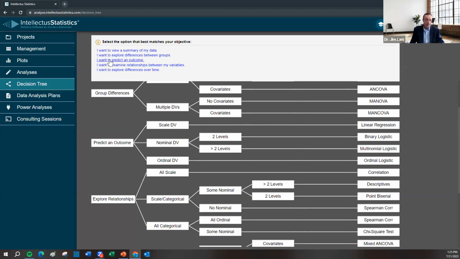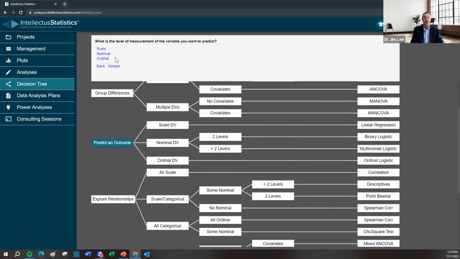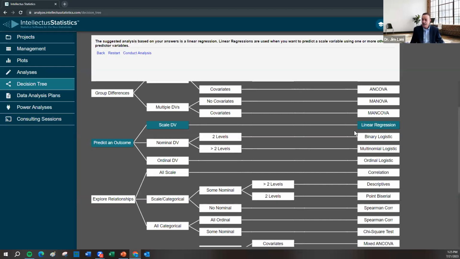I'm going to do the simple example: I want to predict an outcome, like, does the amount of sleep predict GPA? So I want to predict an outcome. Here's our friend, levels of measurement. The GPA is a scale variable, assuming it's a number. And that drives me to a linear regression.